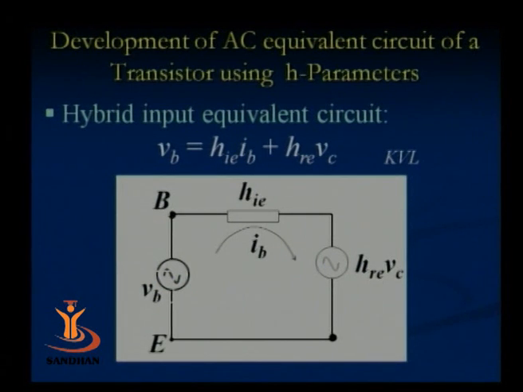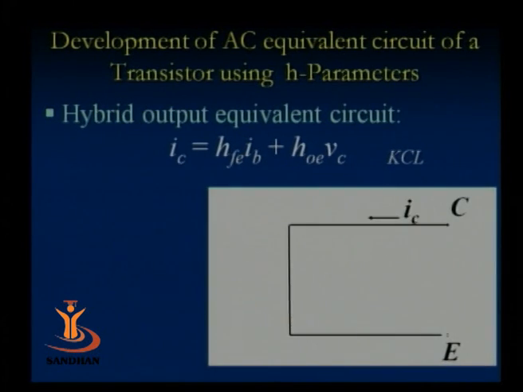In this way we can develop the equivalent circuit of the input section, the hybrid input equivalent circuit of the transistor. It is simply Kirchhoff's voltage law, and then we just draw the circuit that suits that equation. Now let us focus on the output section also.